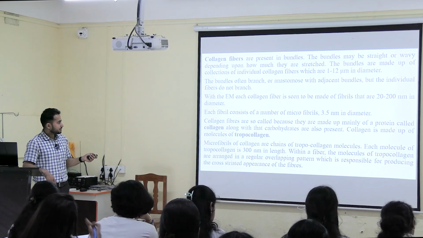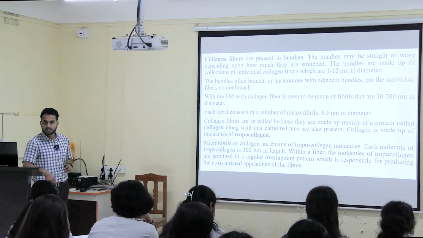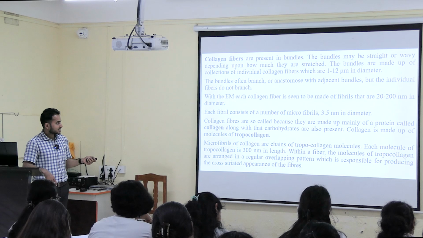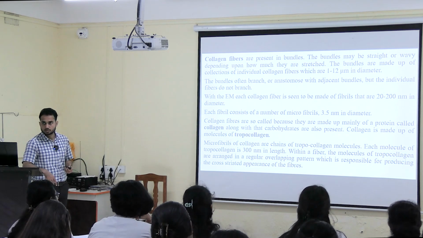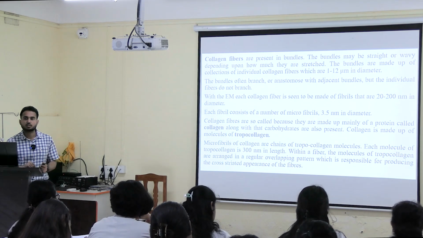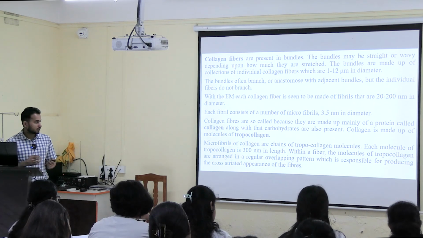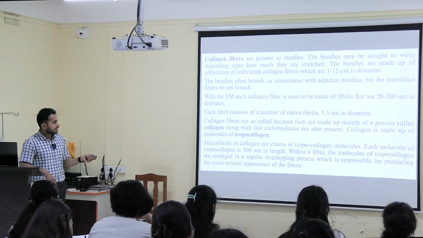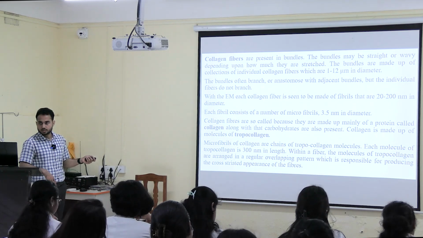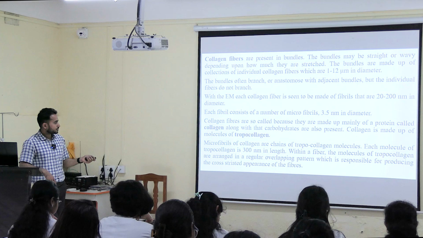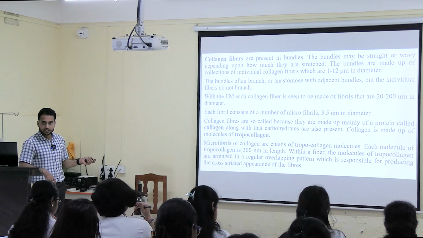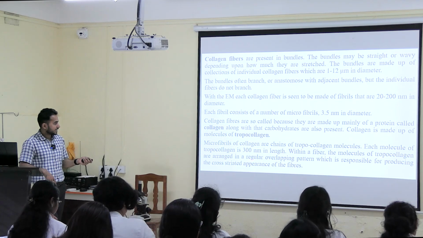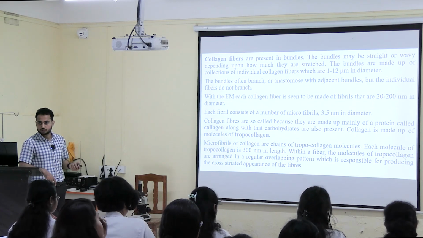the collagen is made up of molecules called tropocollagen, very important. The microfibrils of the collagen are chains of tropocollagen molecules. Tropocollagen is a protein. Each molecule of tropocollagen has a length of 300 nanometer, and the molecules of tropocollagen are arranged in a regular overlapping pattern.